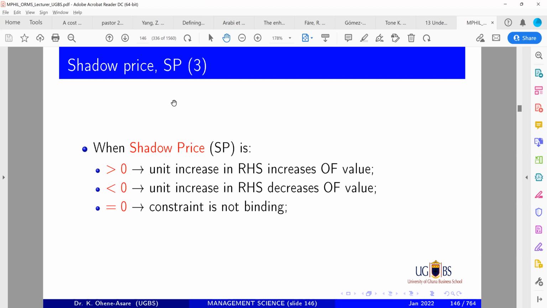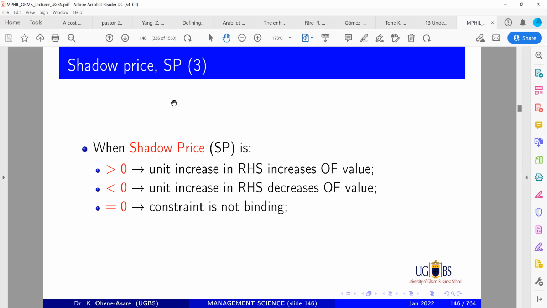If the shadow price is negative, it means that if you increase the right-hand side, then the objective function value will go down. And if the shadow price is 0, please note that, it means that the constraints are binding.